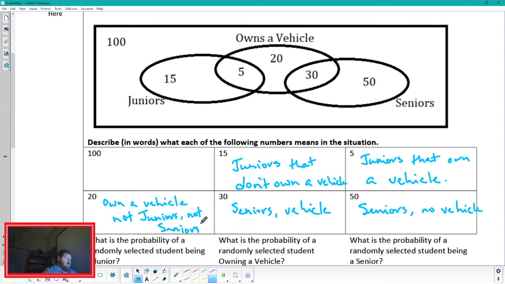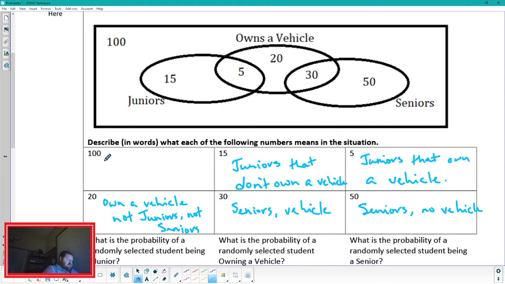So they might be sophomores, they might be freshmen, they might be super seniors and just don't classify themselves as seniors. There's a lot of options there, but the important part is that they don't fit into the junior or senior category.